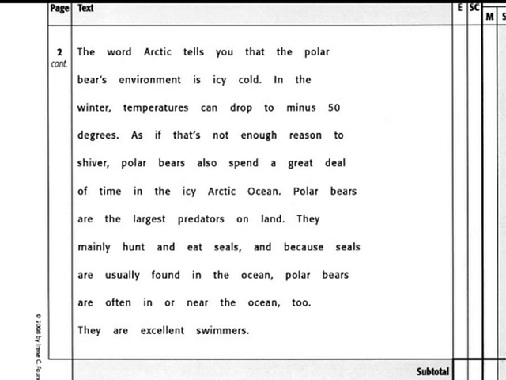Polar bears are the largest, what's that word? You try it. Predators? On land, they mainly hunt and eat seals, and because seals are usually found in the ocean, polar bears are often in or near the ocean too.